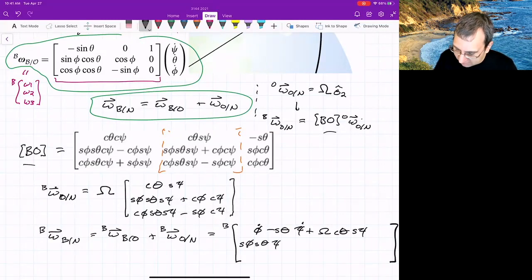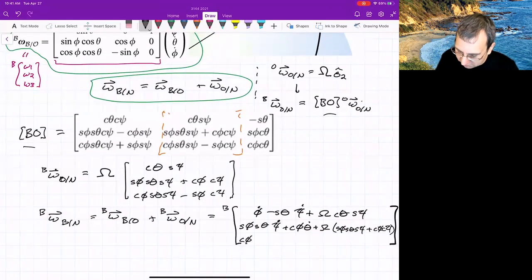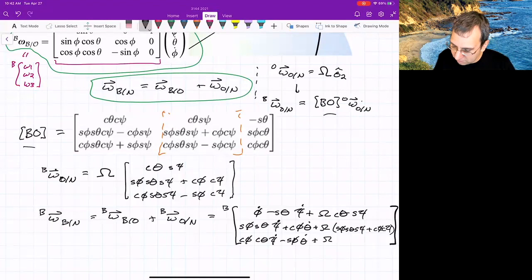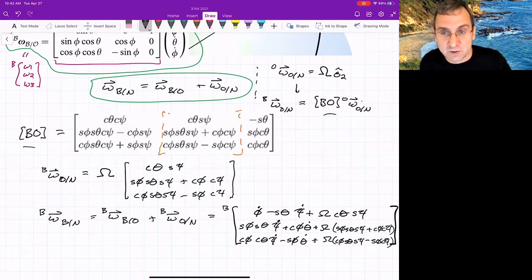S psi dot plus C phi theta dot plus omega times a bunch of stuff, and then more stuff. I'm just transcribing from these formulae, plus omega C S S minus S C. Whew. So this expression is valid for any large rotation of the spacecraft with respect to the orbit frame.